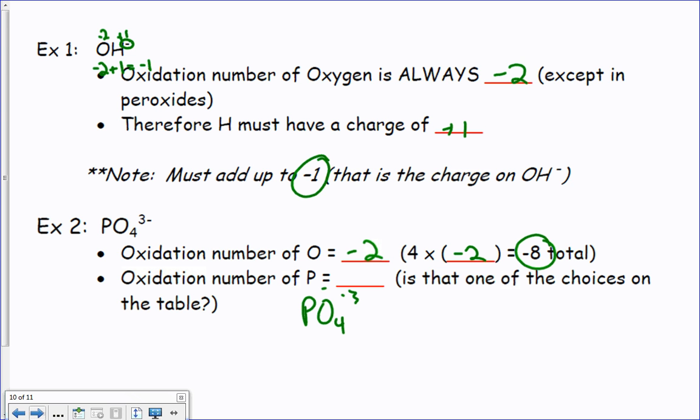I have a -2 charge on my oxygen. -2 times the 4 goes to -8. Well, I know that this -3 is going to come down here to be my overall charge. So what -8 is -3? Think. 5. 5 divided by the 1 coefficient is 5. Phosphorus will now have a +5 charge.